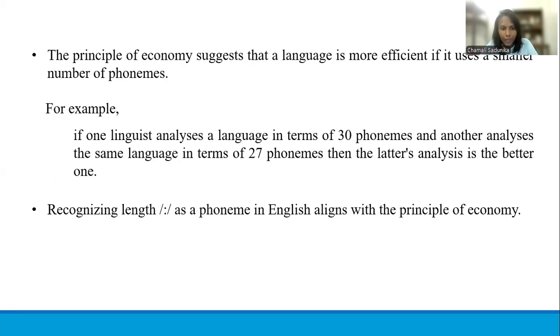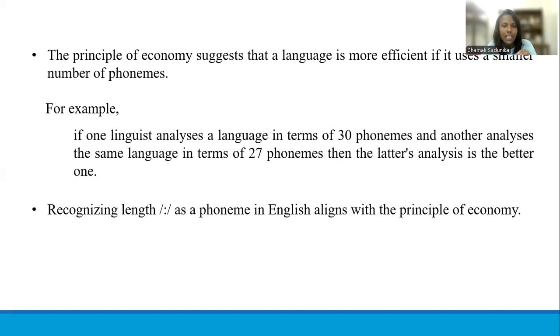The principle of economy suggests that a language is more efficient if it uses a smaller number of phonemes. You can understand this concept with this example. If one linguist analyzes a language in terms of 30 phonemes and another analyzes the same language in terms of 27 phonemes, then the latter analysis is the better one.